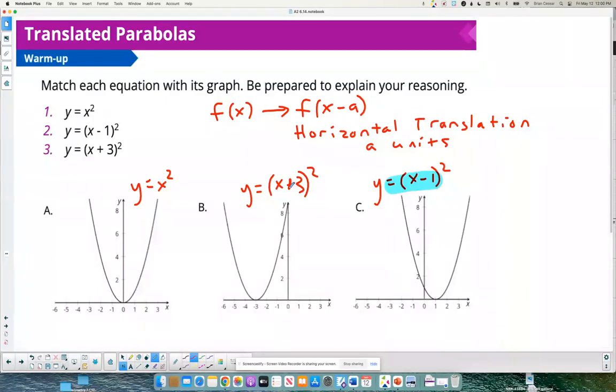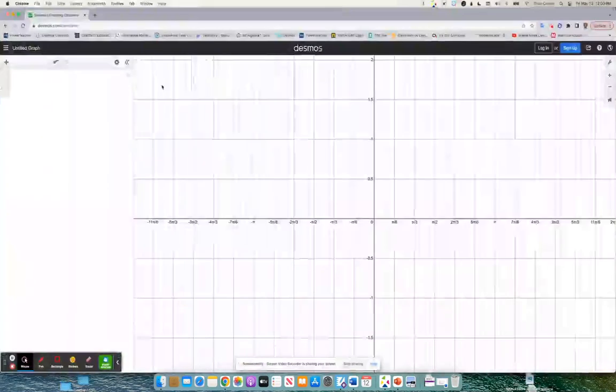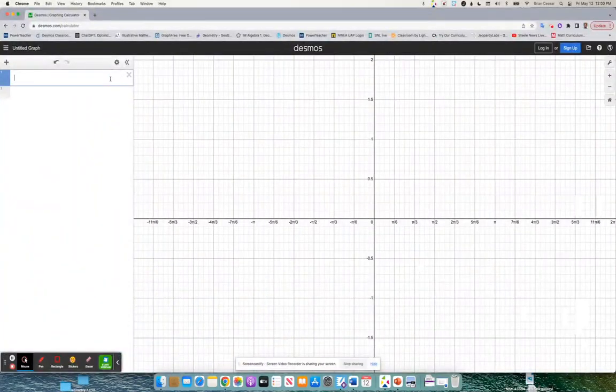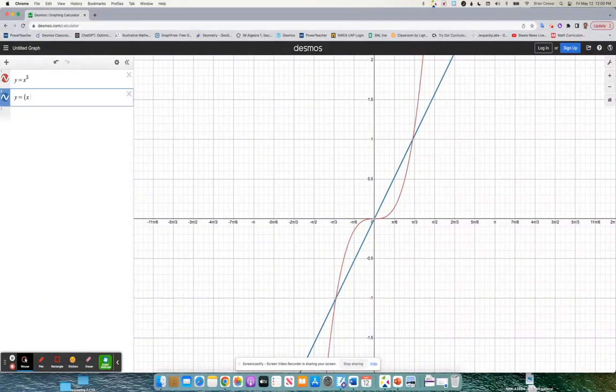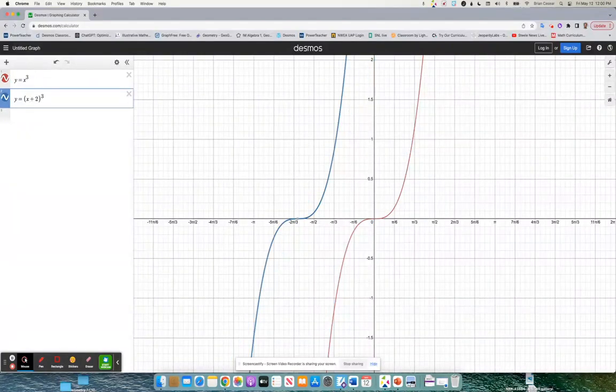Now just to refresh your memory about how translations work, I'm going to go to Desmos, put some parent functions up here, and translate them horizontally. I'm going to start out with this equation, y equals x cubed, and I'm just going to replace the x with x plus 2, and I'm going to see that it clearly moves left 2.